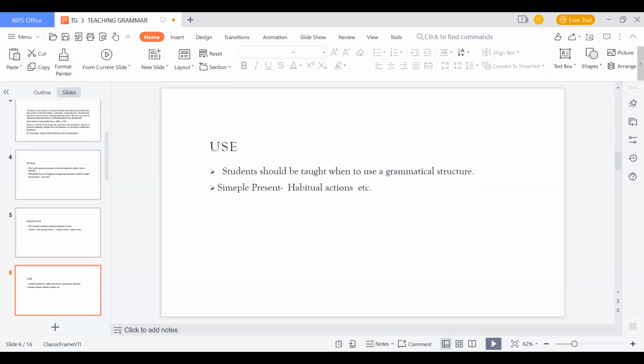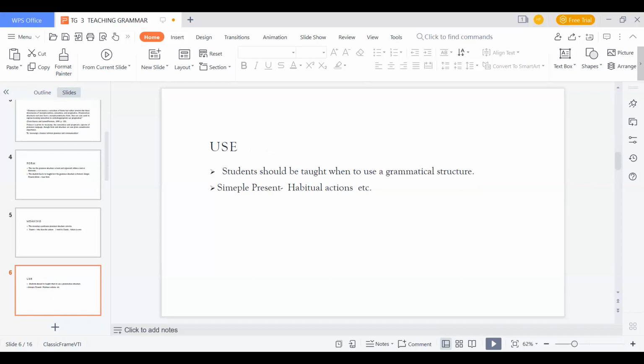Then the use, can you read? Students should be taught when to use the grammatical structure, simple present, habitual actions, etc. Now the example you all gave, not in the morning, once we started, degrees of adjectives.